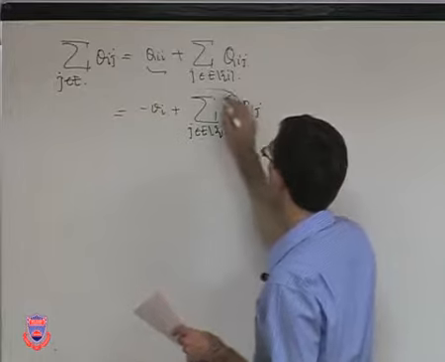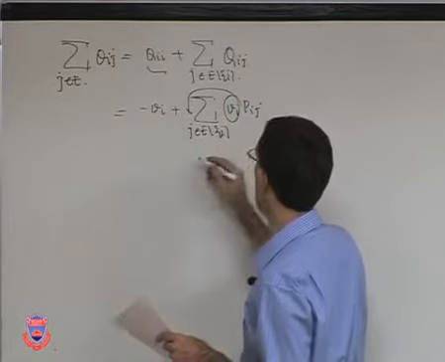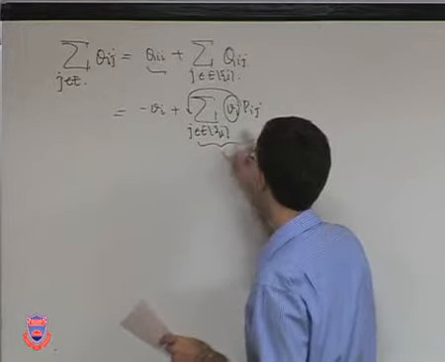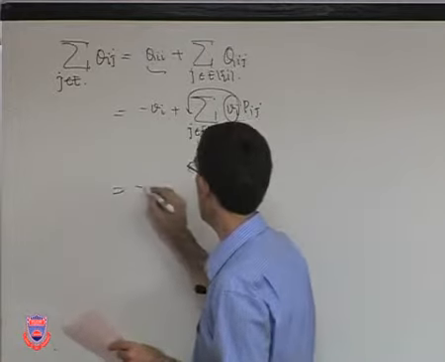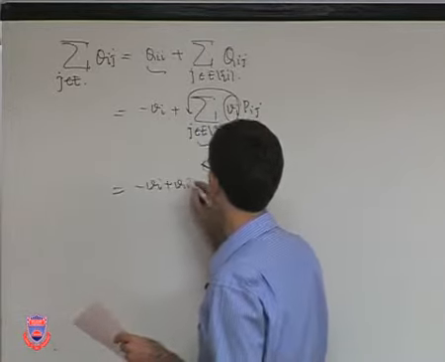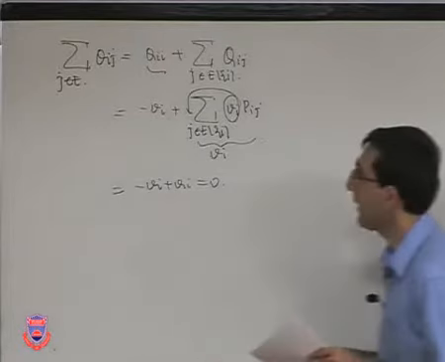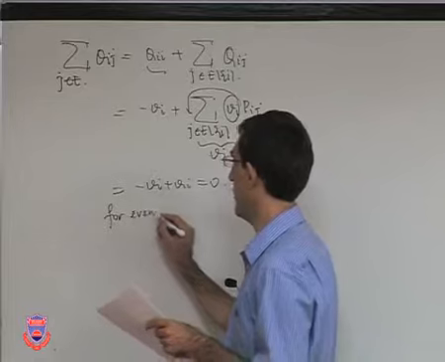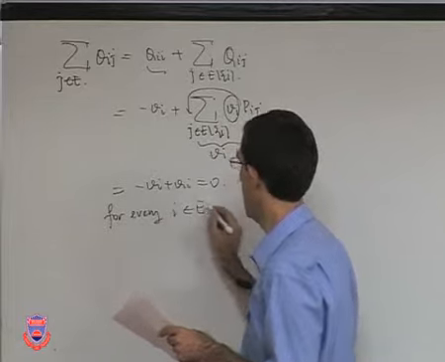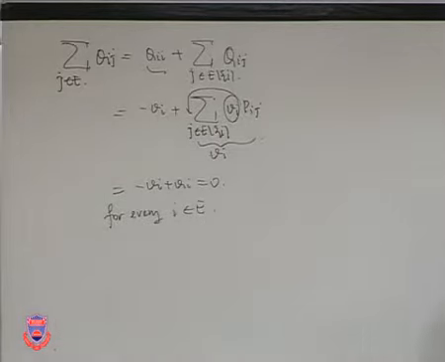This doesn't depend on j, so we can take that out. The sum gives us 1, and therefore you have v_i. So minus v_i plus v_i equals 0. And this is true for every row of the Q matrix, namely for every initial state i.